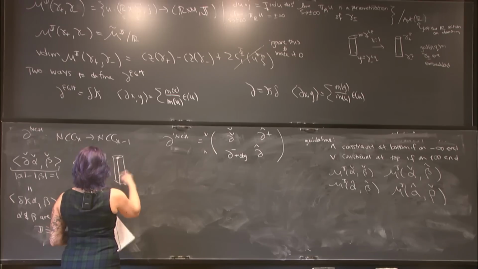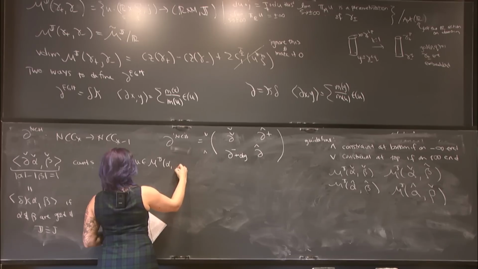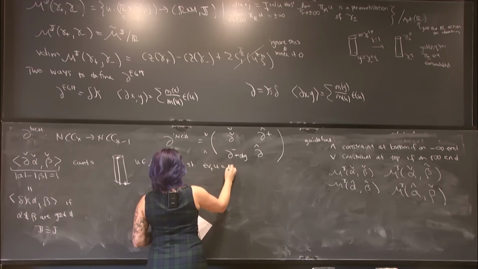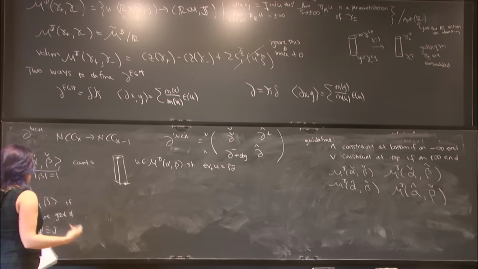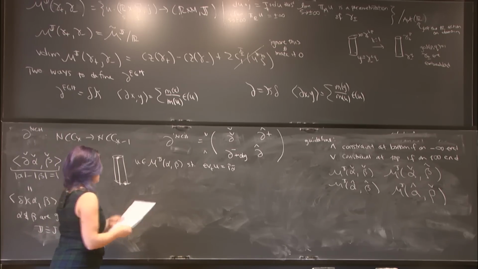So this is going to count curves in MJ alpha beta such that ev plus of u is equal to the generic choice of point constraint that I pick ahead of time in terms of a base point on all of my Reeb orbits.